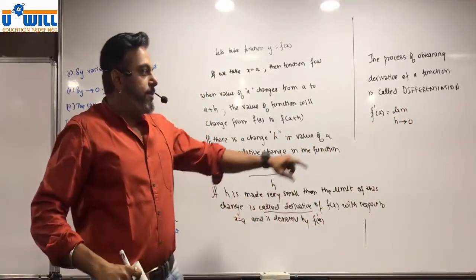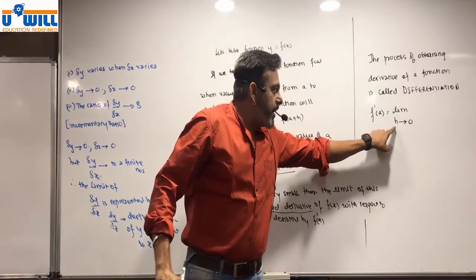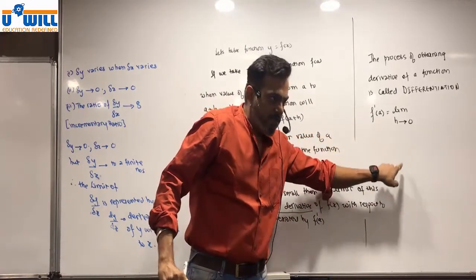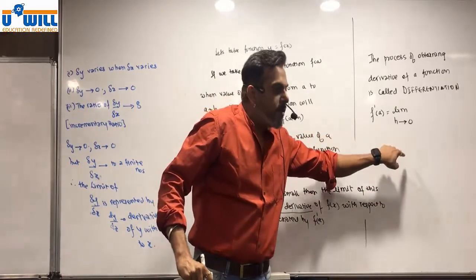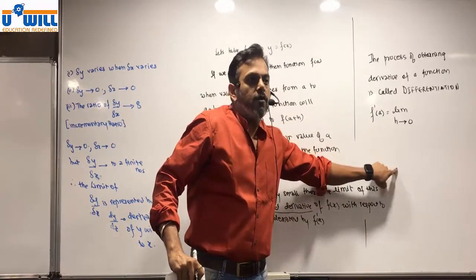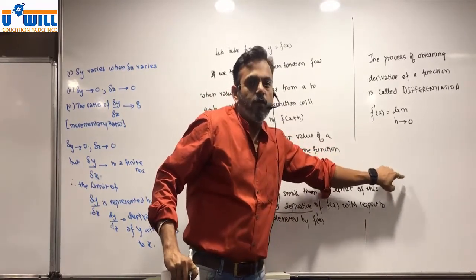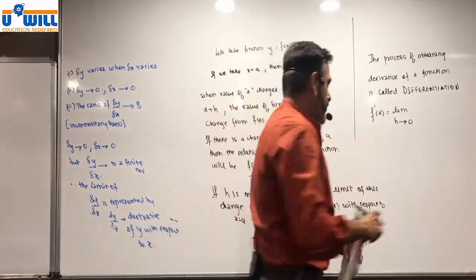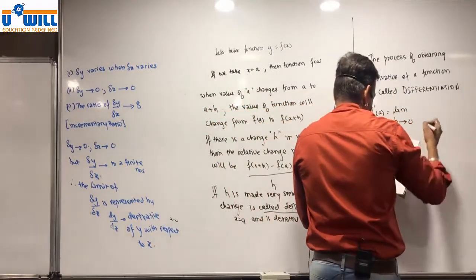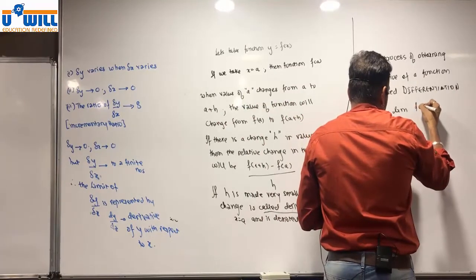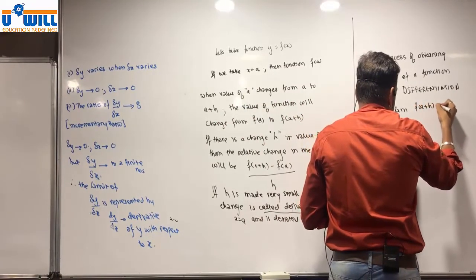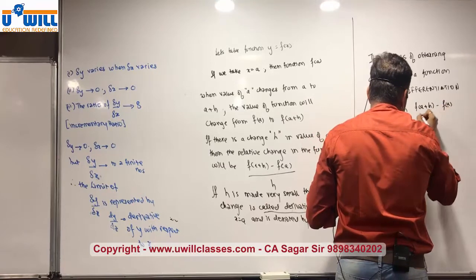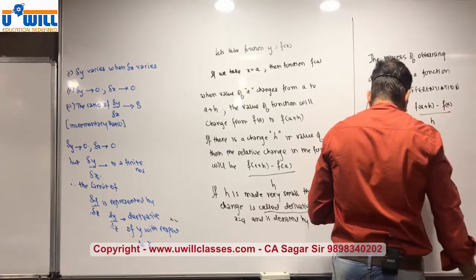Now this is also given, h tends to 0. You can see, whatever h we took, the change was 2 going to 2.1, 2 to 2.01, 2 to 2.001. So the change h tends to 0, of f(a + h) minus f(a), upon h.